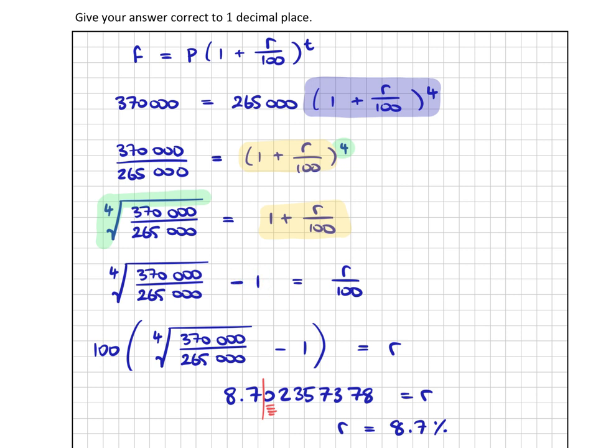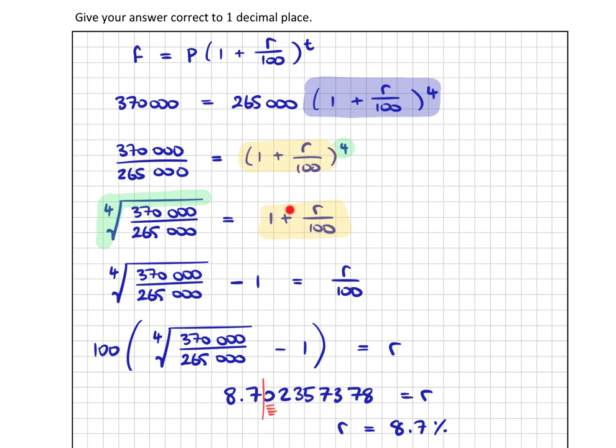Okay, so just to go over that one last time, you can see here we had 1 plus OR over 100. You're always thinking of your end goal, which is OR equals. So what we're trying to achieve here is to find the value for OR. So if we want OR equals, we need to isolate the OR term, and that means we need to get rid of whatever's attached to it. So we can see here we're adding 1 to whatever this is. So we need to do the inverse operation, which means we need to subtract 1 from the right hand side.